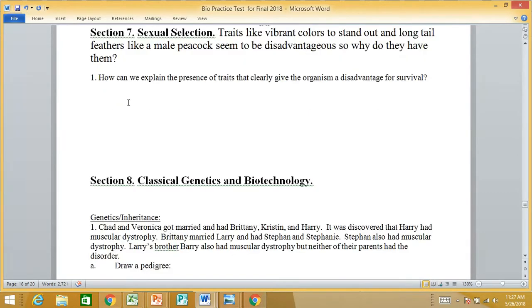And then we just have one last one, which is, we're going to combine this with sexual selection. And so we saw those male peacocks and the pheasants and the variety of birds. Even some of you saw the birds of paradise, right? So we know some of these vibrant colors to stand out mean that you may be eaten more easily than if you didn't stand out. And so why would you have them? Well, there's more to being fit than just surviving.